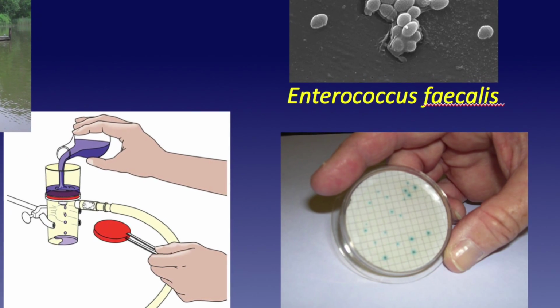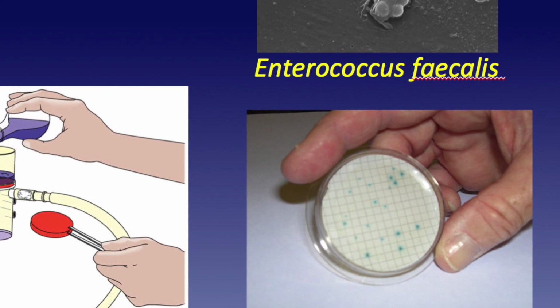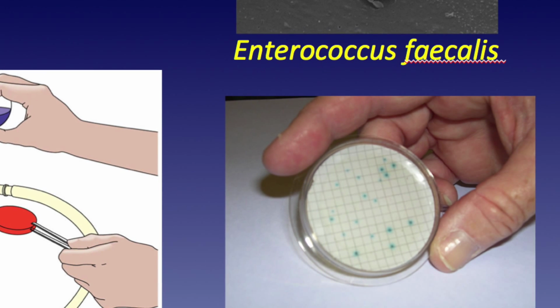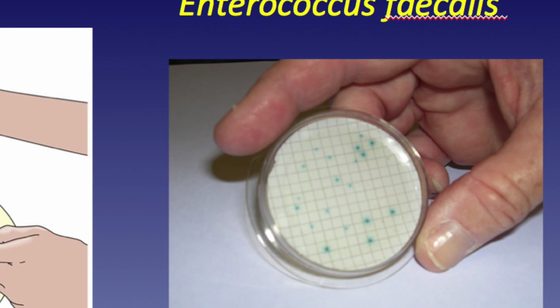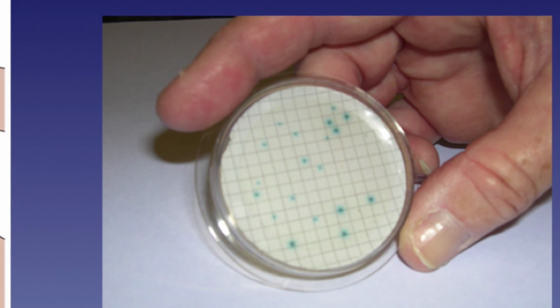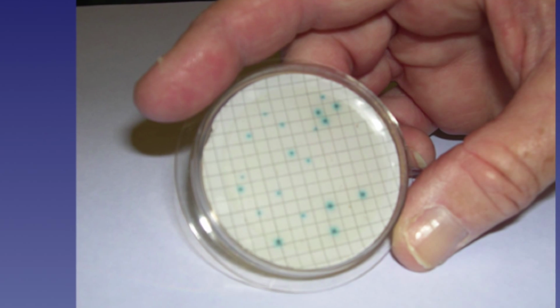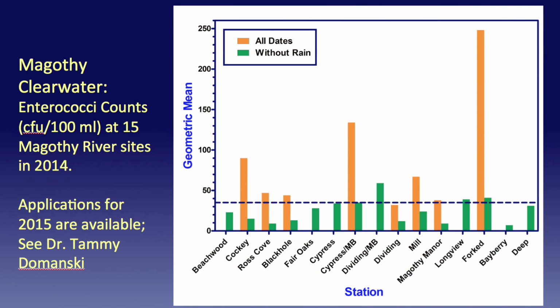And then in 24 hours, each of the individual cells on this filter has grown into a small colony. And then we count the colonies, and because we know how much we filtered, that tells us how many of these bacteria were in the water. So we call them colony-forming units per 100 milliliters. That's the standard way of describing these results. And you can see why, because these are the colonies that we're counting. So that's what we do.